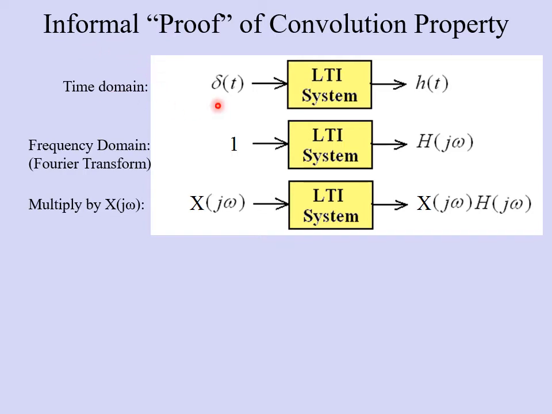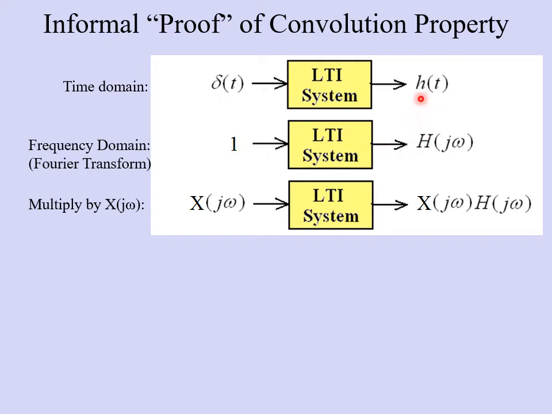In the time domain, remember that a delta function that goes into a system produces h of t, the impulse response. So if we take the Fourier transform of this input, basically we're going to the frequency domain. Remember, the Fourier transform of a delta function is just 1.